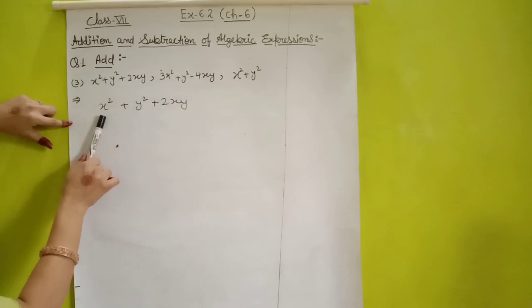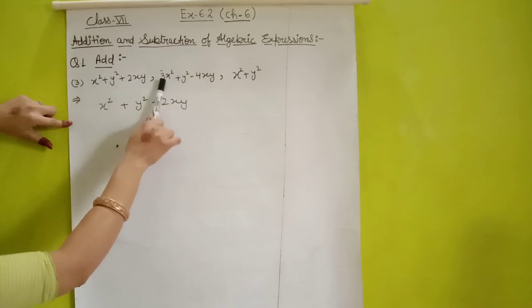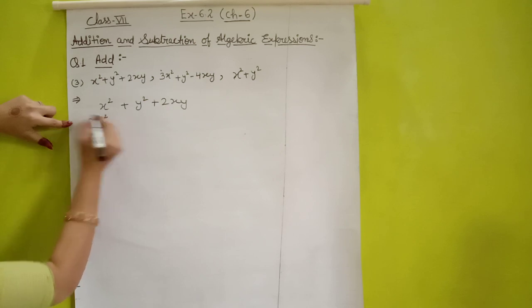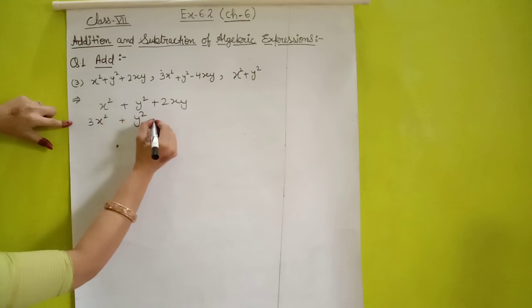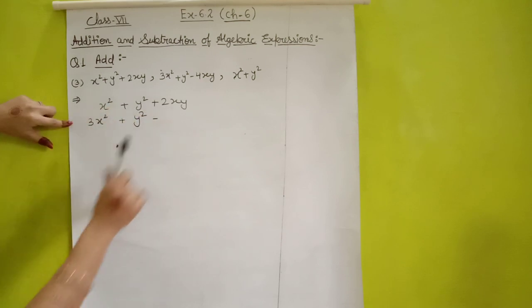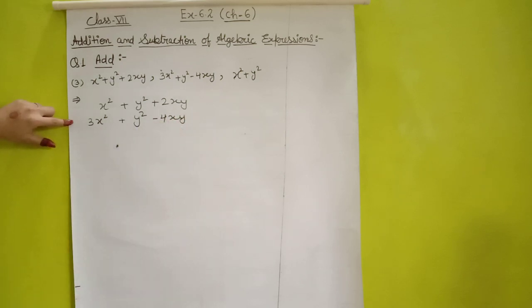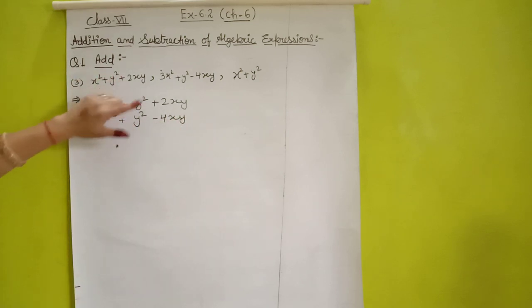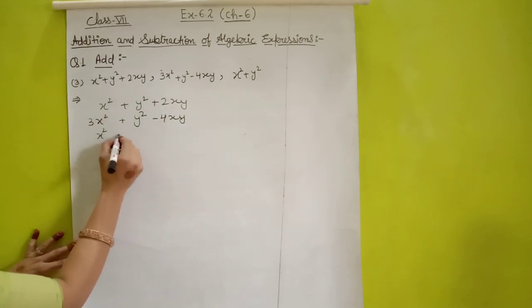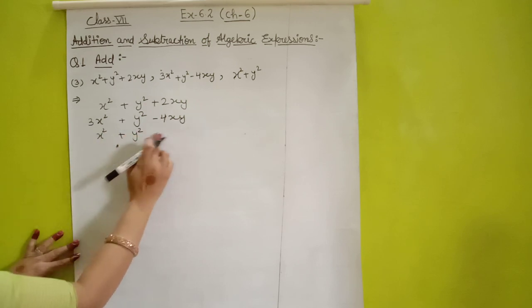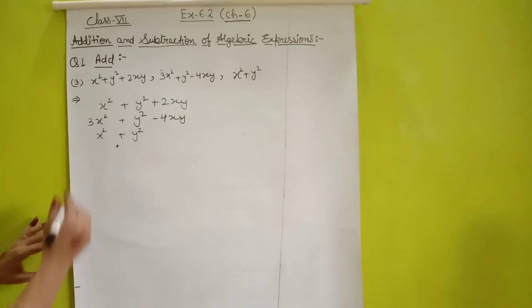Now x square, and here 3x square. So this 3x square will come downside of x square. Now plus sign. Then this y square downside of y square. Then minus sign and 4xy. So 4xy will come downside of 2xy. Like terms will come together. Now last one, x square will come here. Then plus y square. And here nothing is given, so no need to write. You can leave this space. Now we will add.